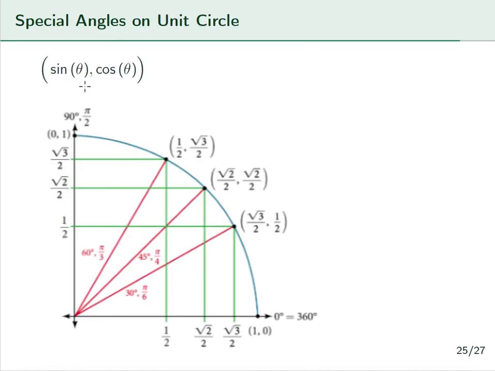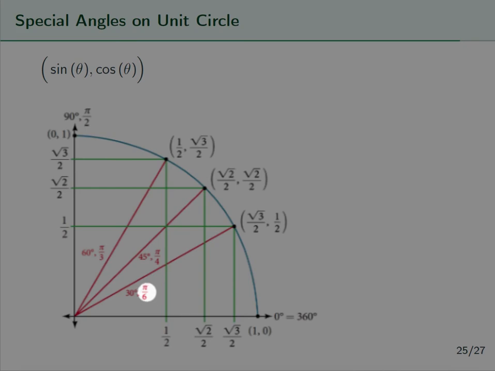So again, we have sine theta, cosine theta. Let's look at it one by one. When the angle at this moment is pi over 6, because we know the ratio, whatever this length is, although this length is 1 in this case because it's the unit circle.